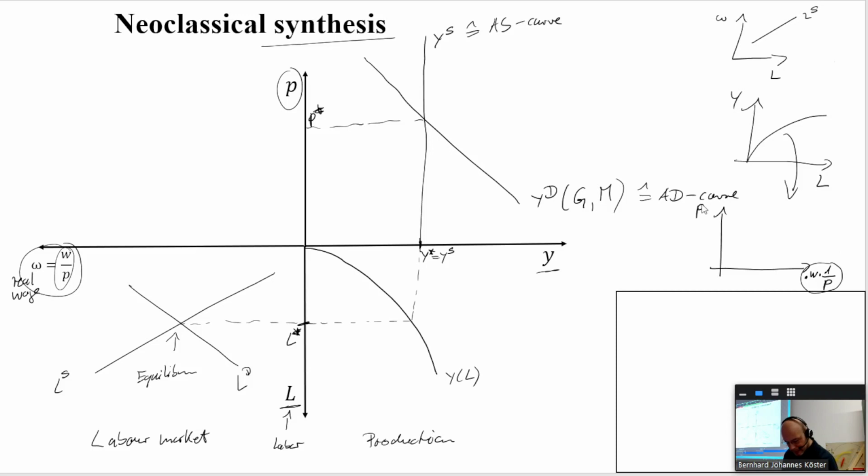Suppose that since I have here only on the vertical axis only prices P, if I look only at this diagram on the left upper side, then I can think of the nominal wage as just a parameter. This is just some number, 15 euros per hour.